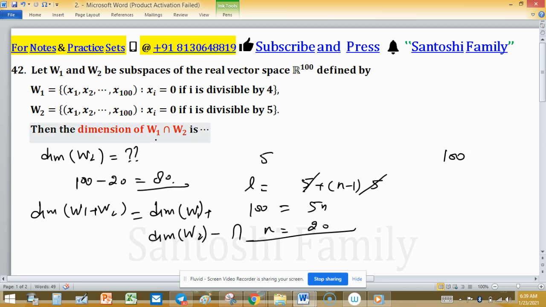By the property of intersection of two sets, suppose I take y. If y is in the intersection, then y is in W1 and W2. If y is in W1 and W2, then y will satisfy the properties of W1 and W2 together.